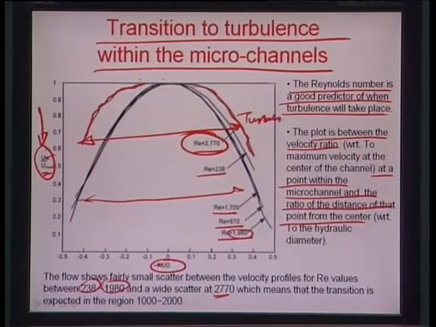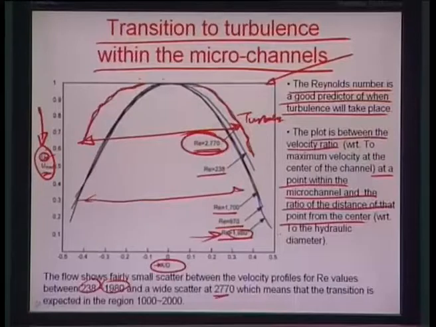So there is no real control on u after this higher Reynolds number value is reached, whereas at a lower Reynolds number value there is still some control, and you can say that the flows have not yet turned into eddies or vortices, or into turbulent flows. So that is what this graph would indicate.